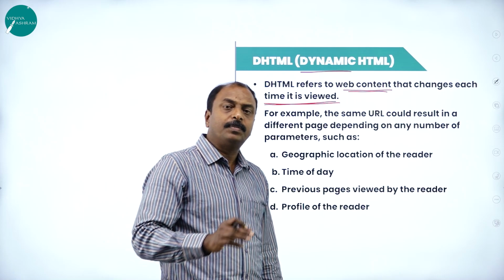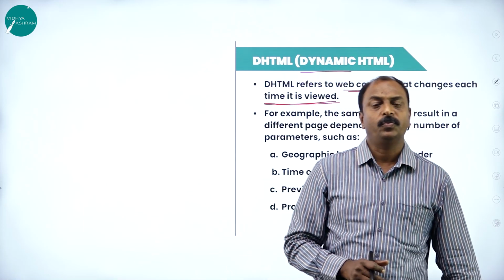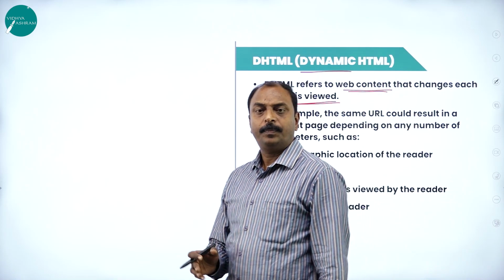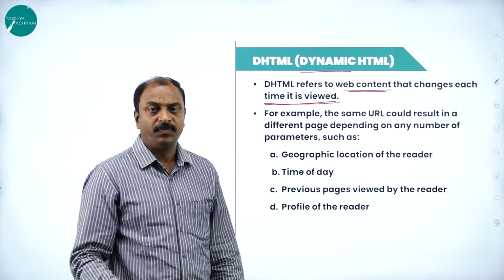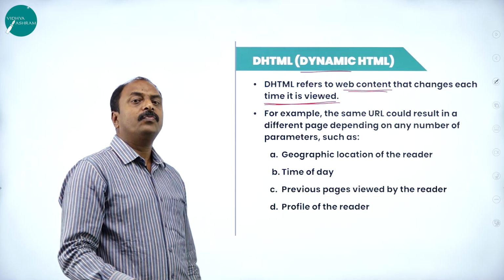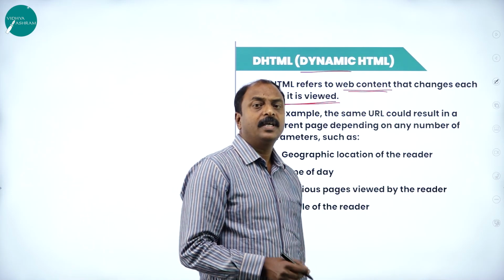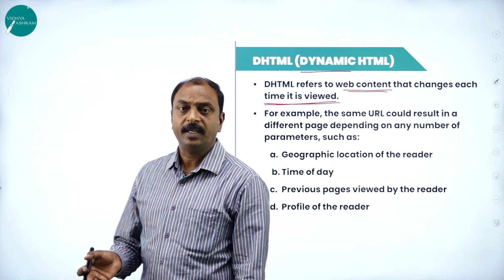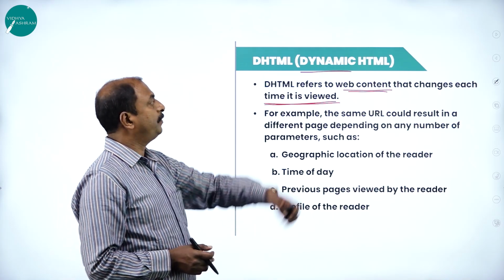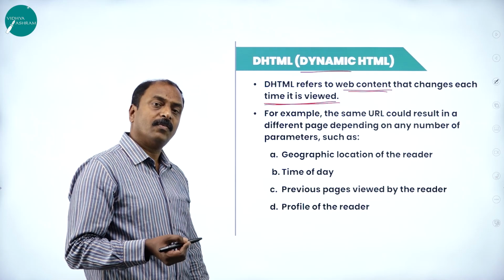Whenever you are browsing a particular website, when you view it at this time, the appearance of the site will be different. And when you visit the same website maybe after half an hour or 1 hour, the design and the content keep changing. That is the meaning of dynamic HTML or dynamic websites.